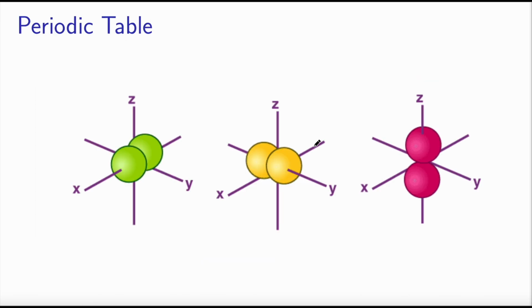Similarly, this is the shape of the p orbital. We know there are 3 p orbitals, and we denote them by px, py and pz.